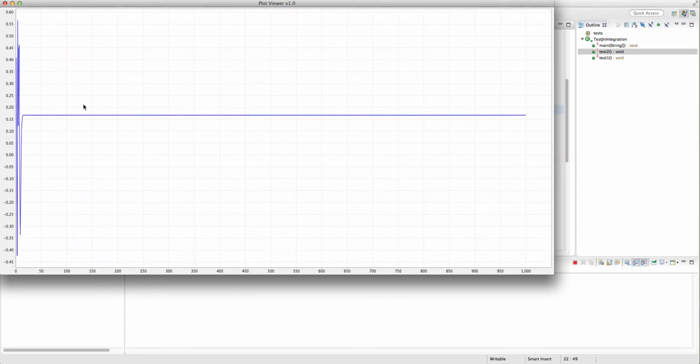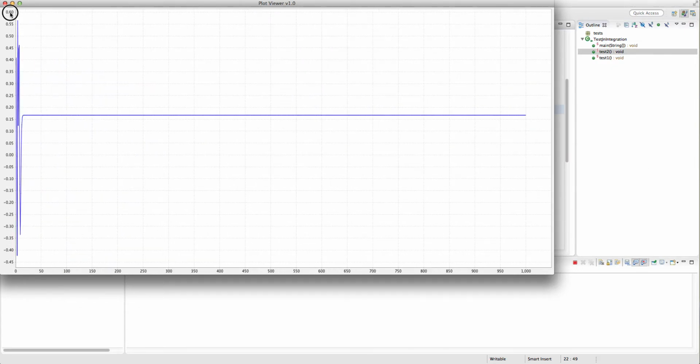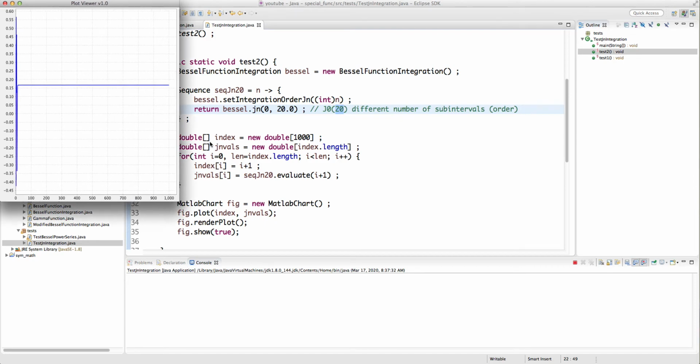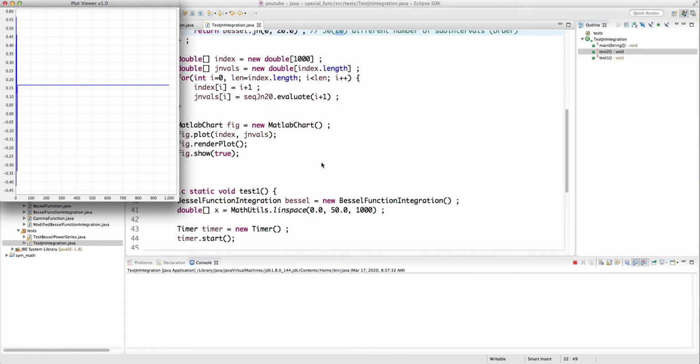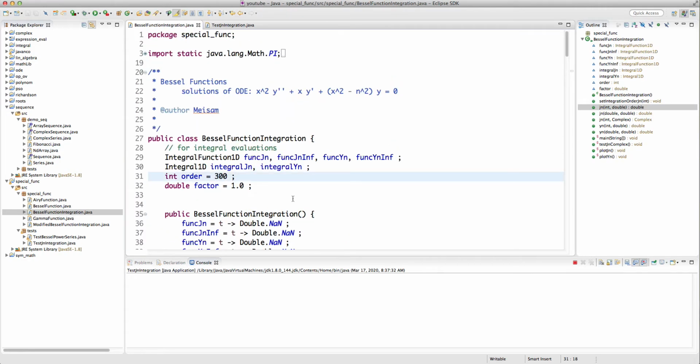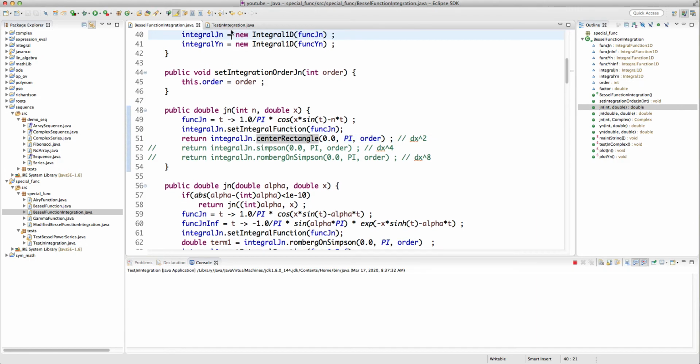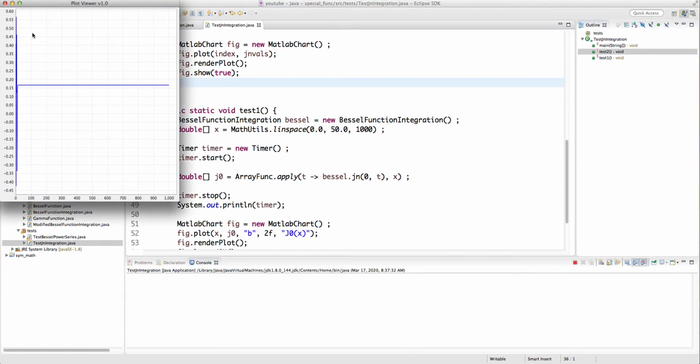So an order of 300 is really not that necessary for this case. So we can actually lower the order. Instead of 300, remember the default, I just set it to 300 because center rectangle is fast enough. But we actually do not need that very high 300 order. We can even evaluate it at 40, 60 subintervals.